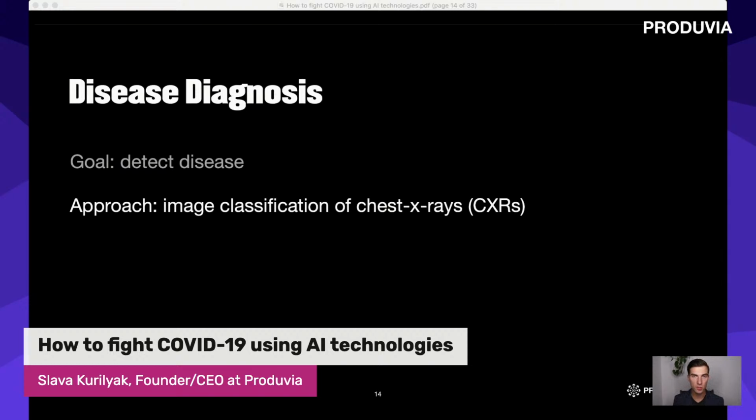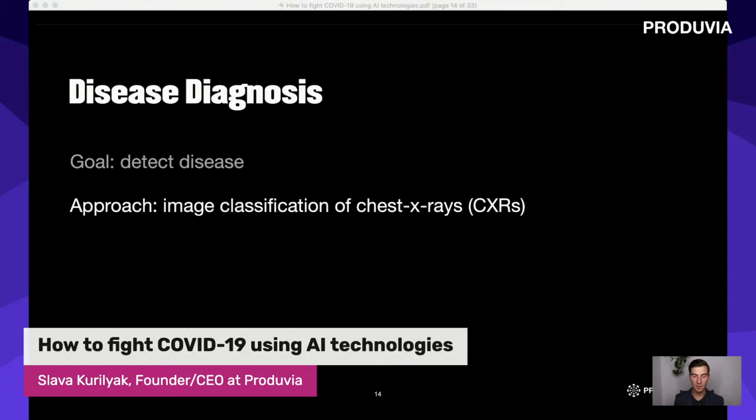We need additional scans, right? That first session may or may not detect COVID, but the second and third CXR may detect COVID. And this is where we have opportunity to leverage AI technology, right?